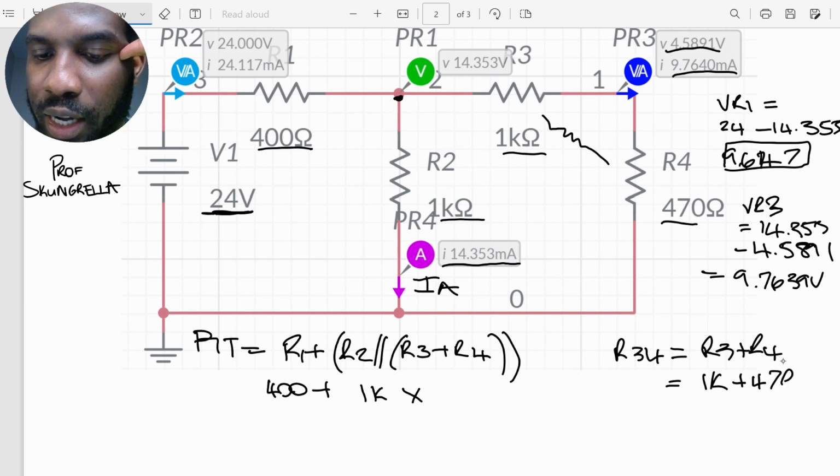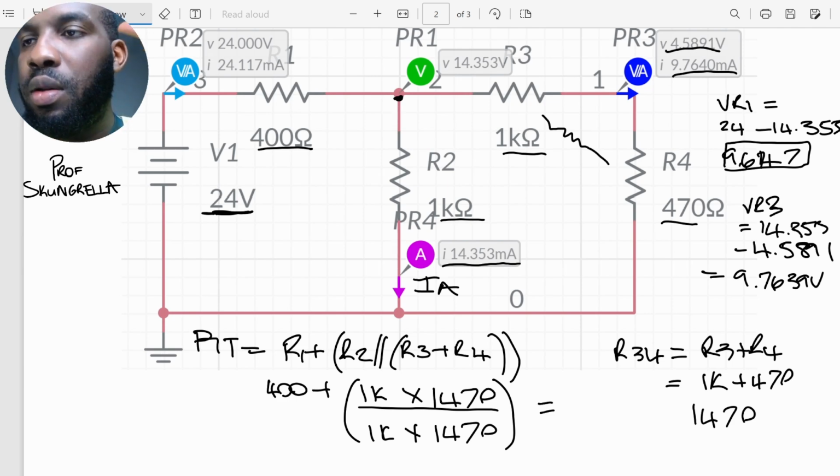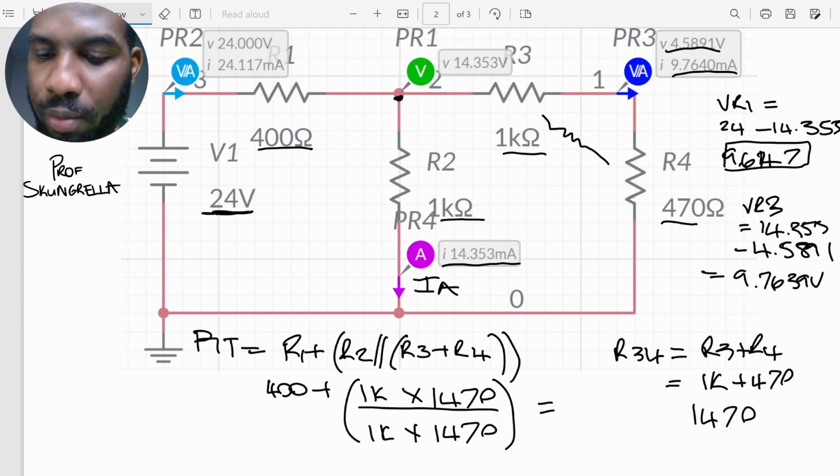So I'm going to replace this with 1,470 over 1K times 1,470. Right, and that gives us total resistance of, okay, so this is product over sum.